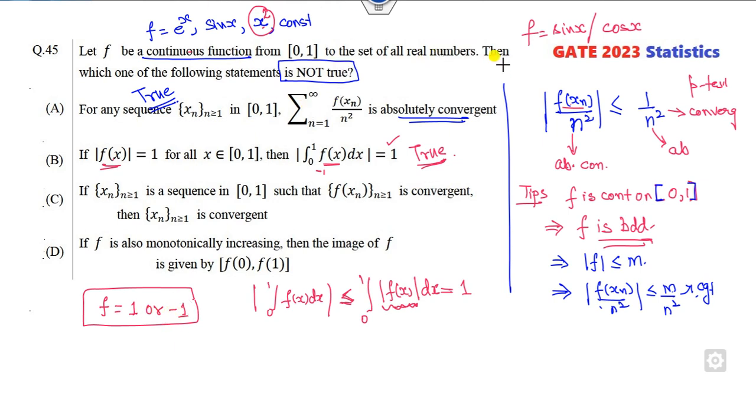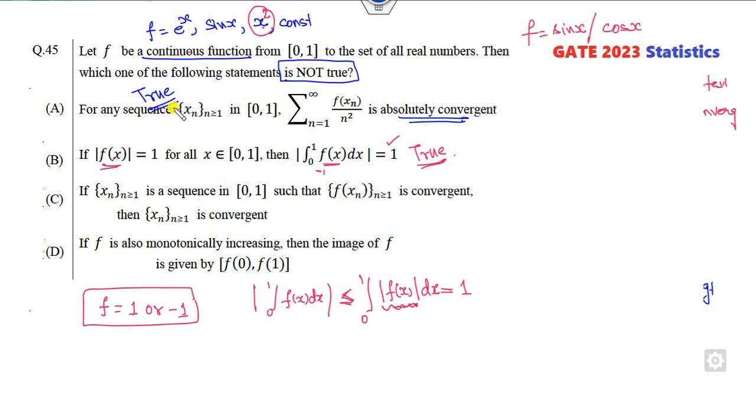Okay, look at another option, that is the third option. The sequence xn is a sequence, f is a continuous function, and f of xn is convergent. This is a sequence, so what is the meaning of that?